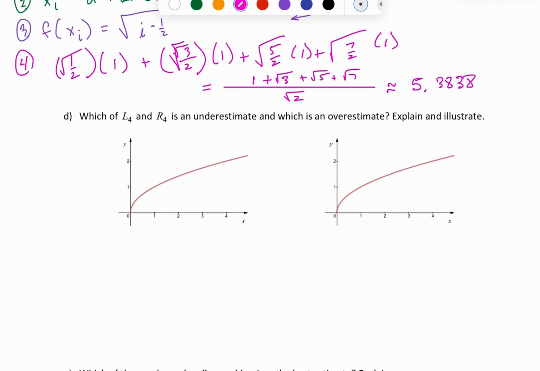So this isn't always the case, but on this particular function, it's always increasing. That meant that my left side limit turned out to be my underestimate. So on this function, L4 is an underestimate, since this function is always increasing.